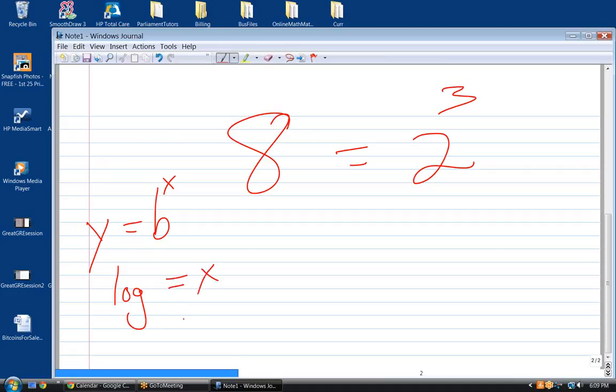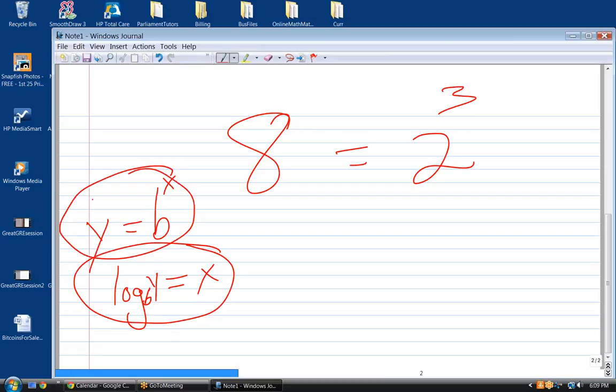Remember that logs are exponents, so that has to be true. Right. Now I've got to figure out where to put the b and where to put the y. Well, the b always goes there. That's easy. The only place left for the y is there. So this is the logarithmic expression of that.